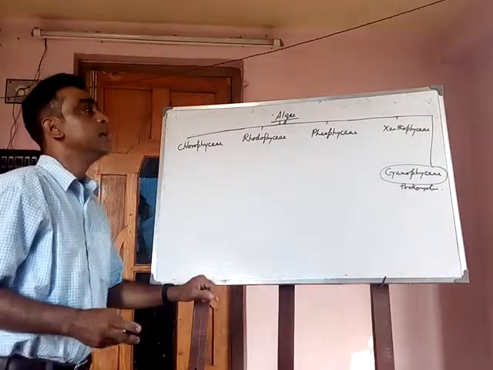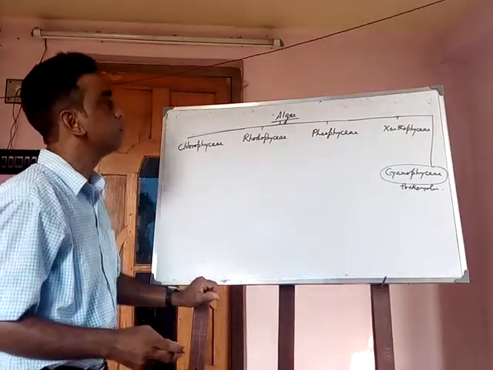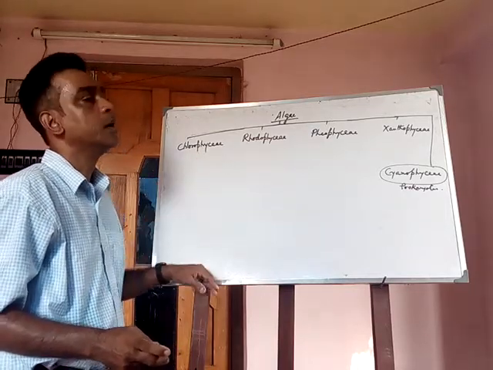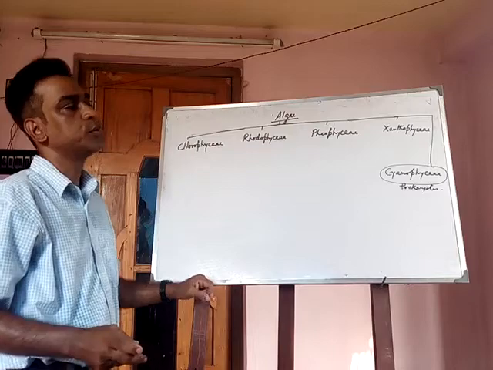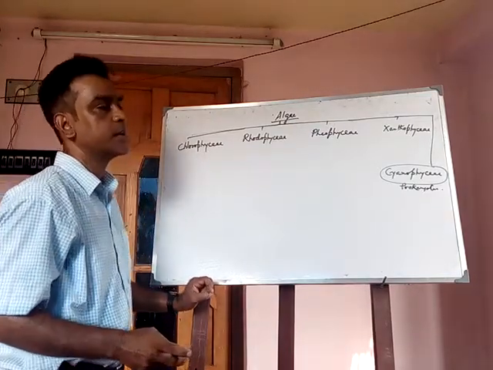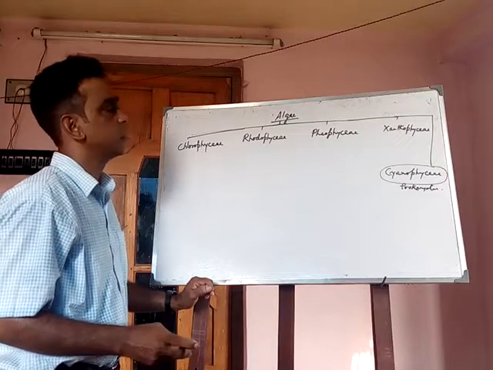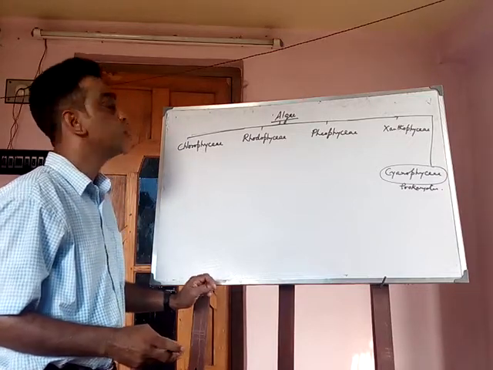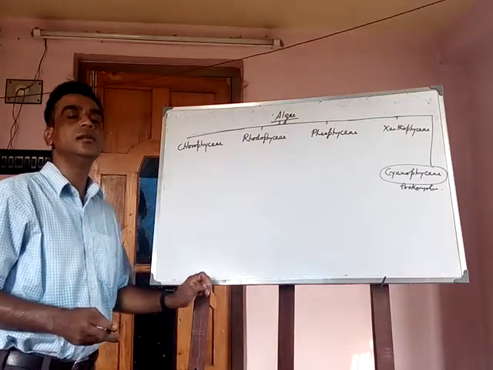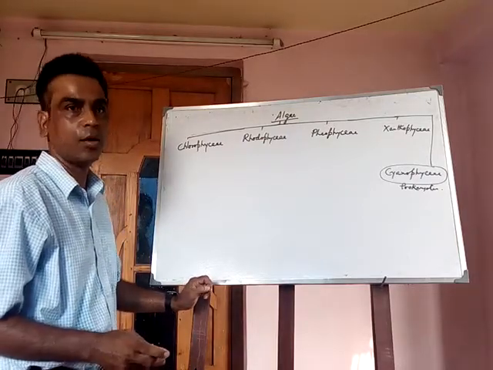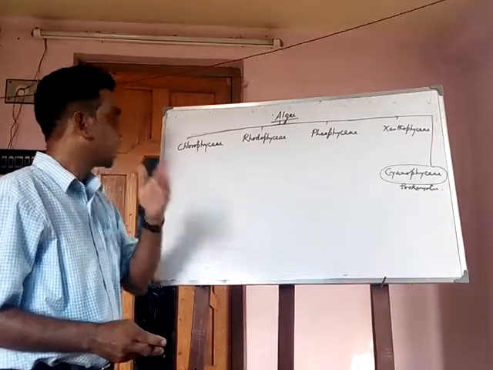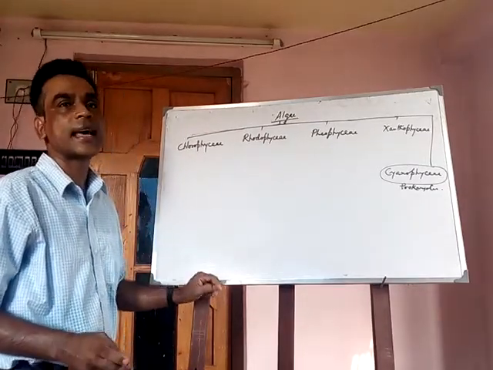And now the economic importance of algae. Algae are plants with autotrophic nutrition, and they produce more oxygen and maintain the ecological balance of Earth's surface. And they also produce agar-agar and alginic acid.